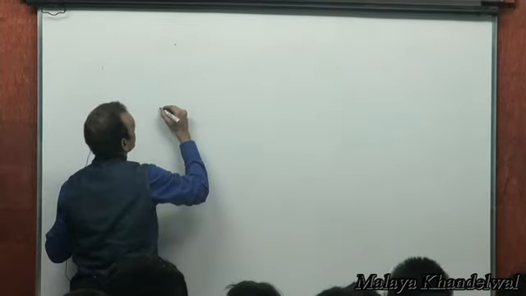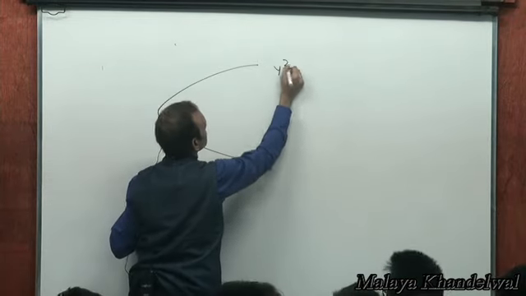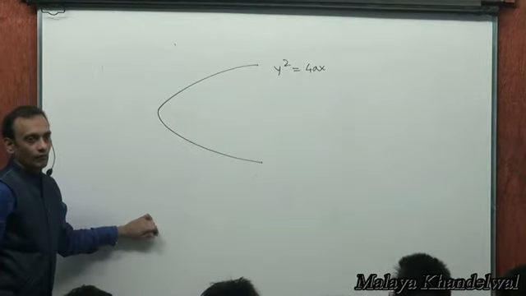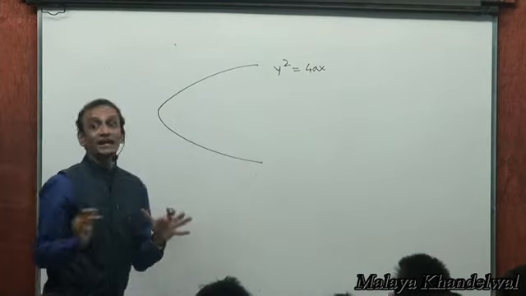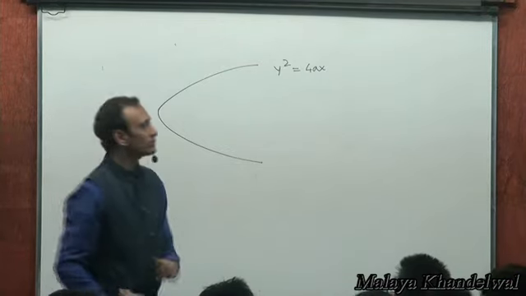Say this is a parabola y squared equal to 4ax, and there is a line y equal to mx plus c, right. There is a line y equal to mx plus c.